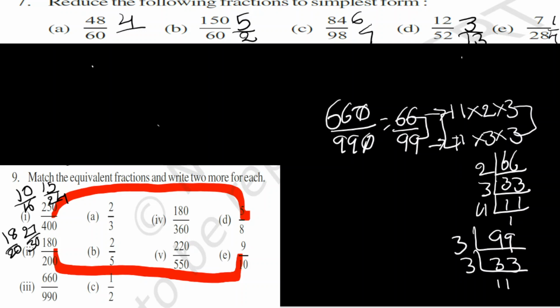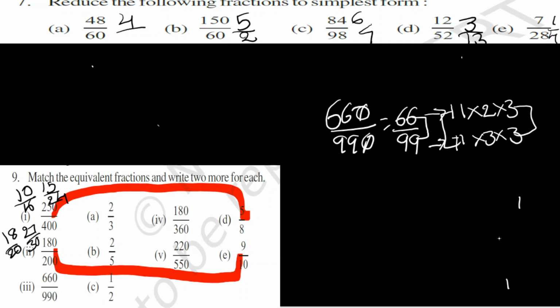So the HCF becomes 33. So 2 into 3 is, 11 into 3 becomes the HCF. So 33 is the HCF.